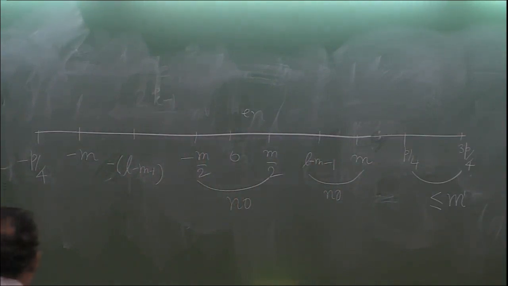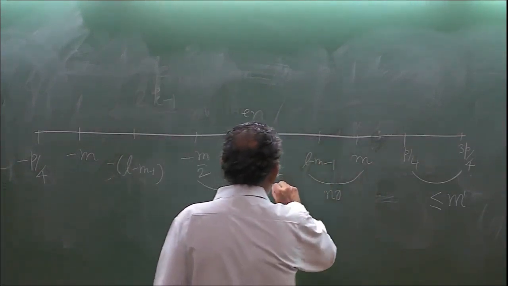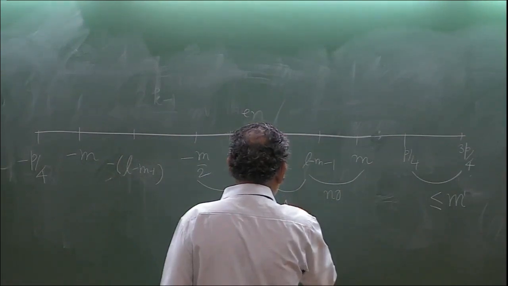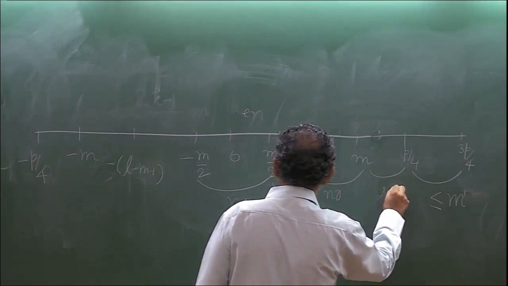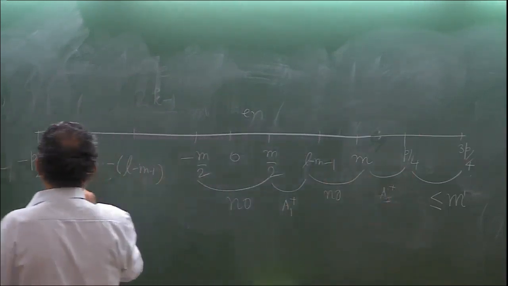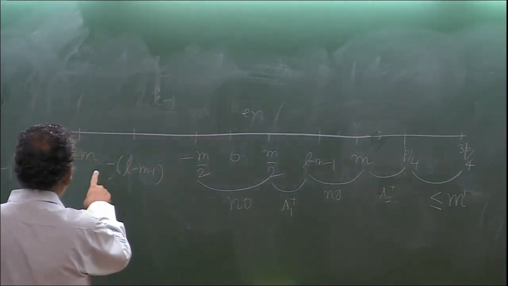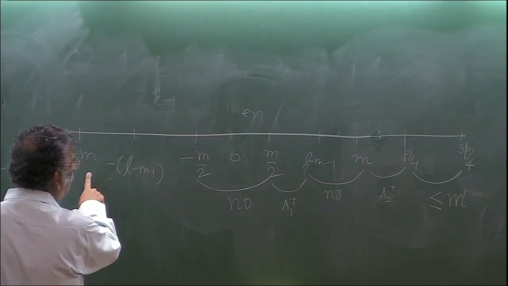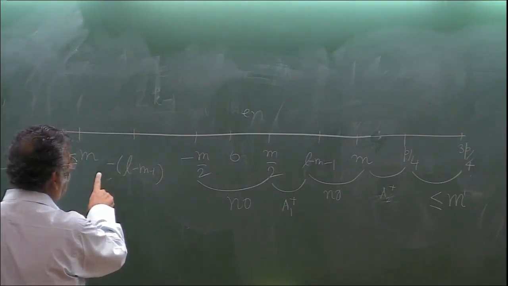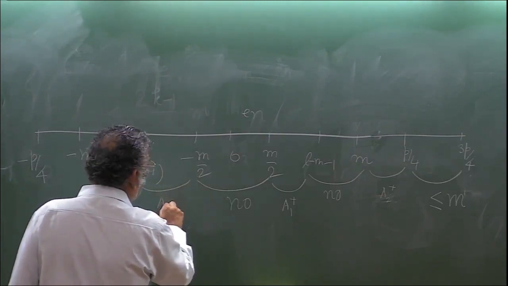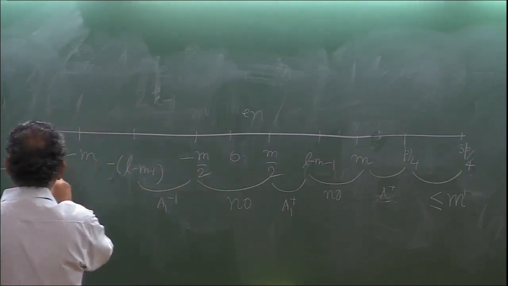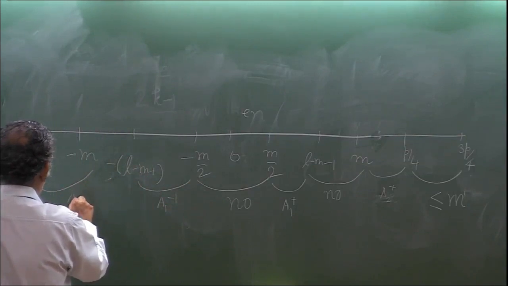Therefore, there may be elements here, which we will call A1 plus. There may be elements here, which we will call A2 plus. And correspondingly, the negative parts are minus m by 2 to L minus m minus 1, this one is A1 minus, and minus p by 4 to minus m, A2 minus.